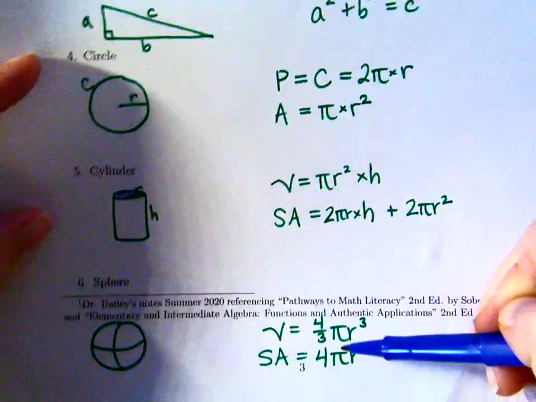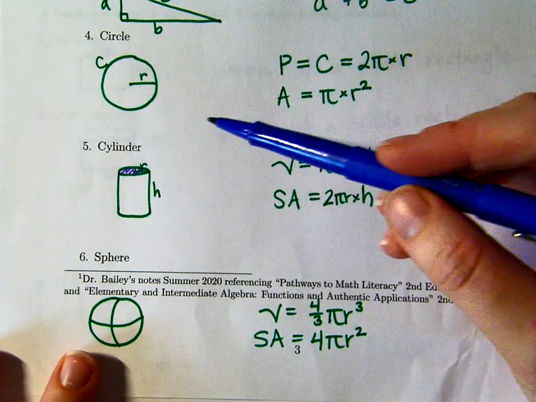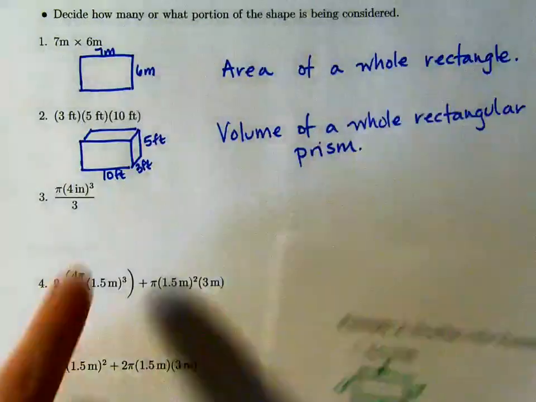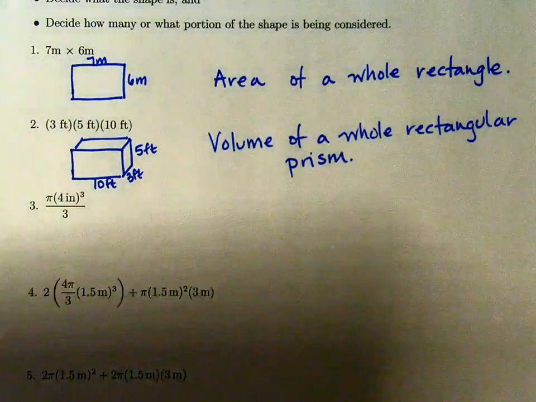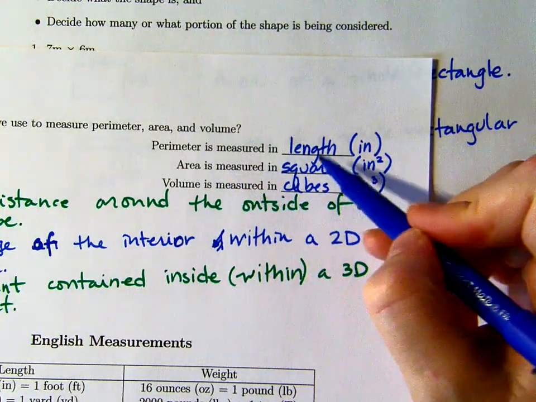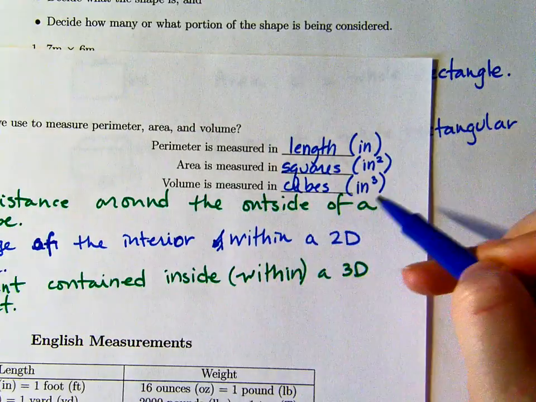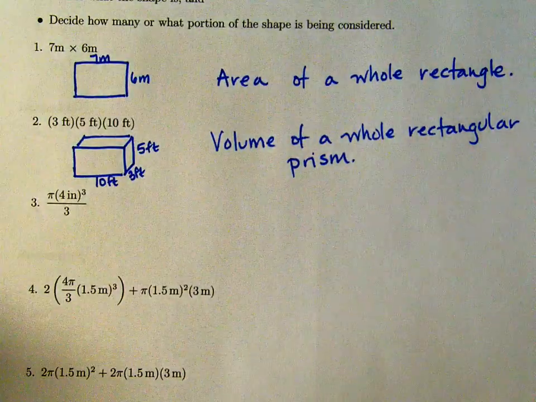Okay, so it's got some kind of a circular reference to it. The next thing I'm going to look at, ooh, a cube. And then I'm going to think back, and we had said here that area is in squares, volume is in cubes. So, right on.